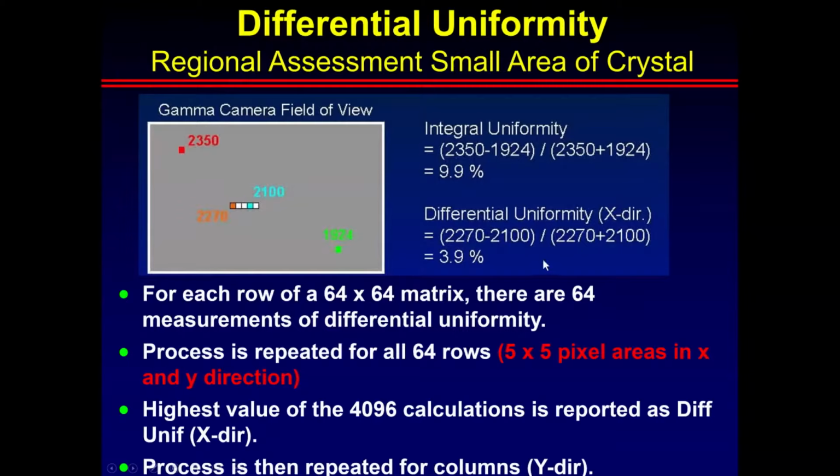Differential uniformity is another thing we utilize, but that looks at a local neighborhood of pixels in terms of differences in highest and lowest. And we do both of these to get ideas of spatial uniformity in the sodium iodide crystal or the camera that you're using that day. Okay.